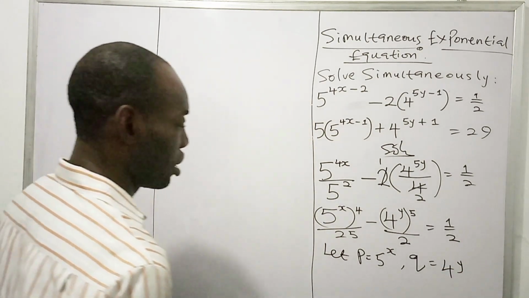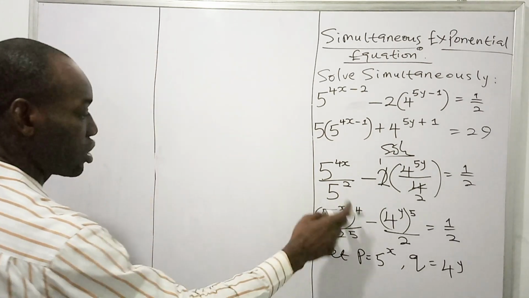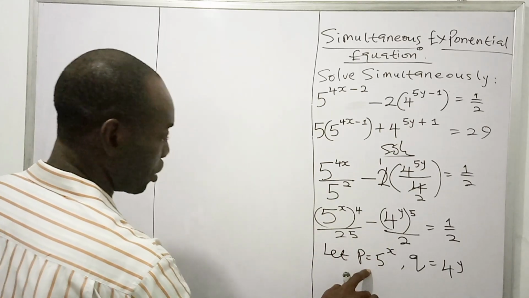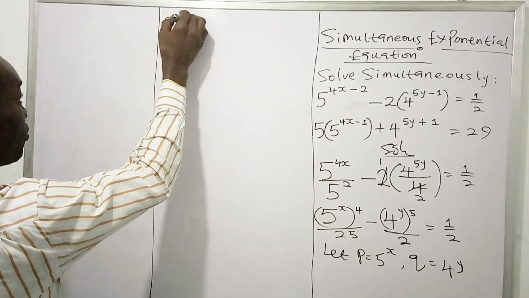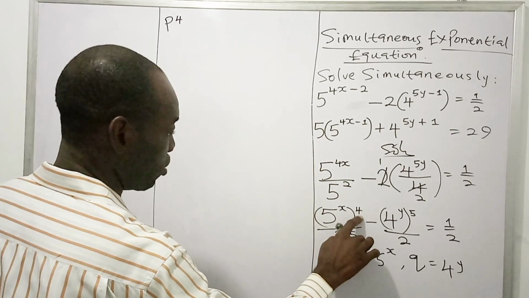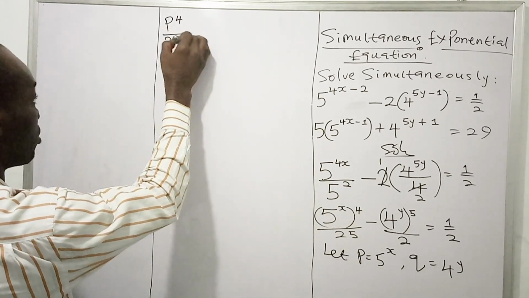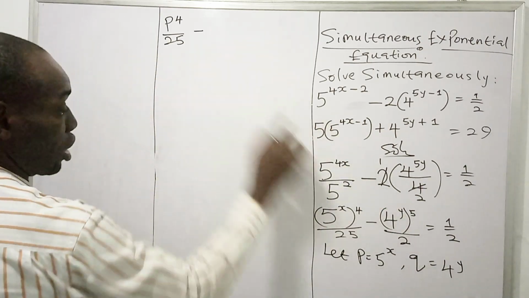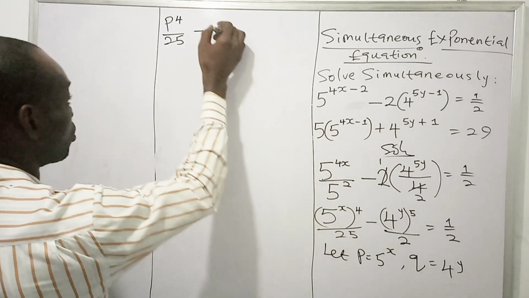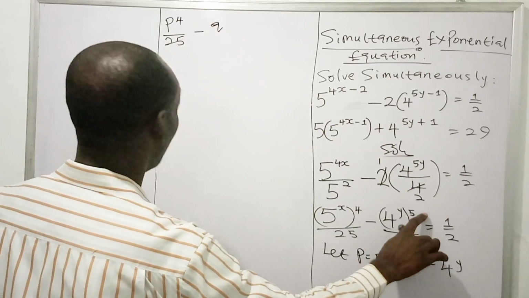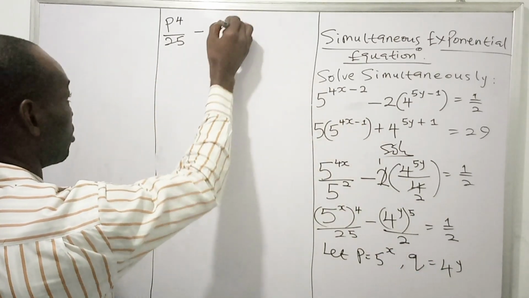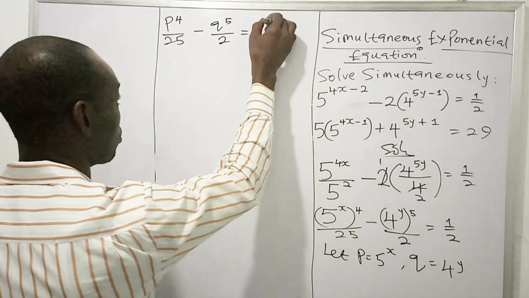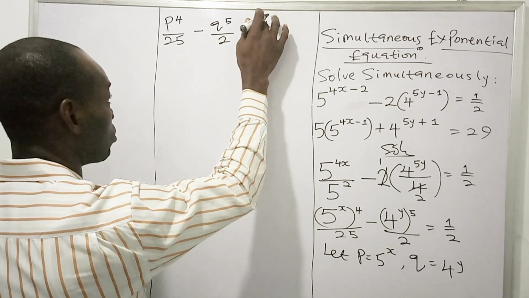If that be the case, from this expression it becomes p raised to the power 4, all raised to 25, minus q to the power 5, all raised to 2, equals 1 raised to 2.